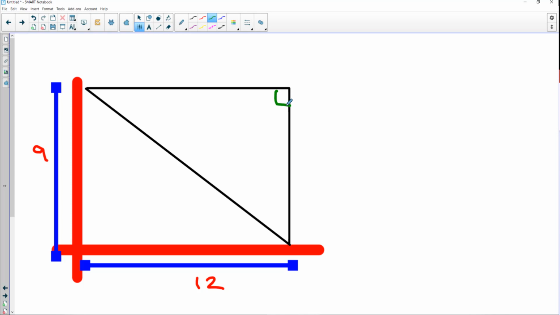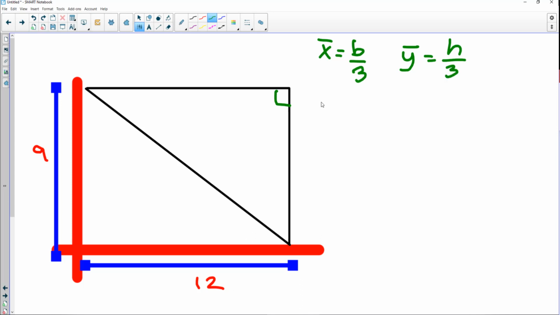So let's do our coordinates. We know that x is going to be base divided by 3, and y is going to be equal to height divided by 3.